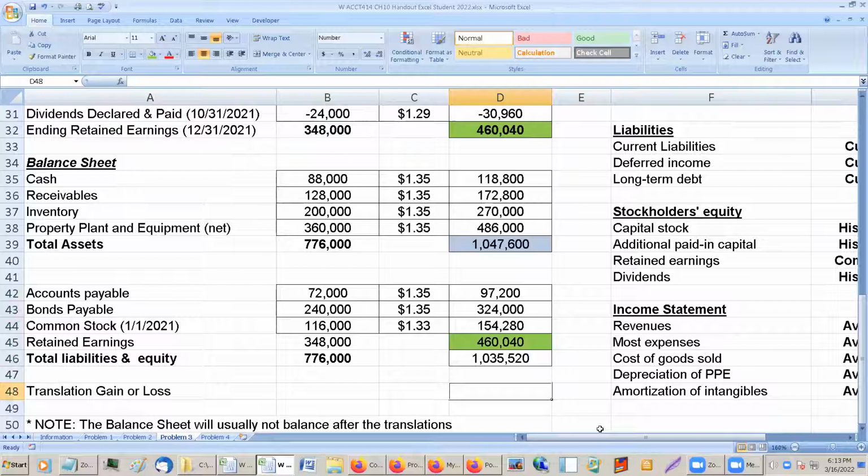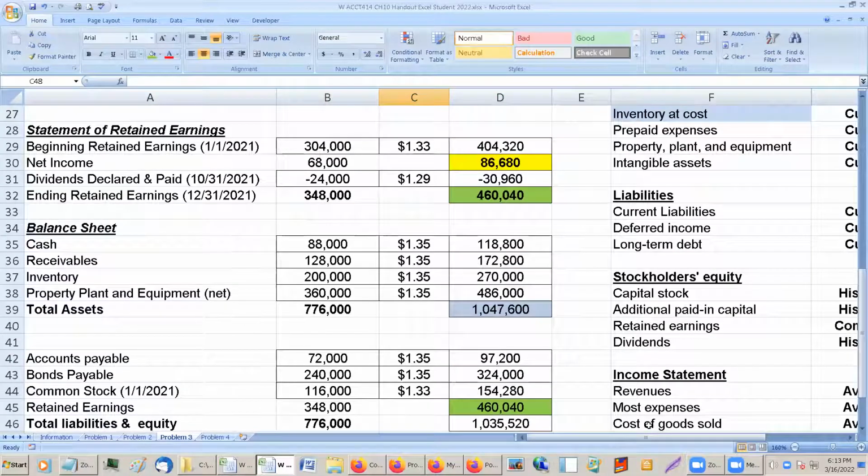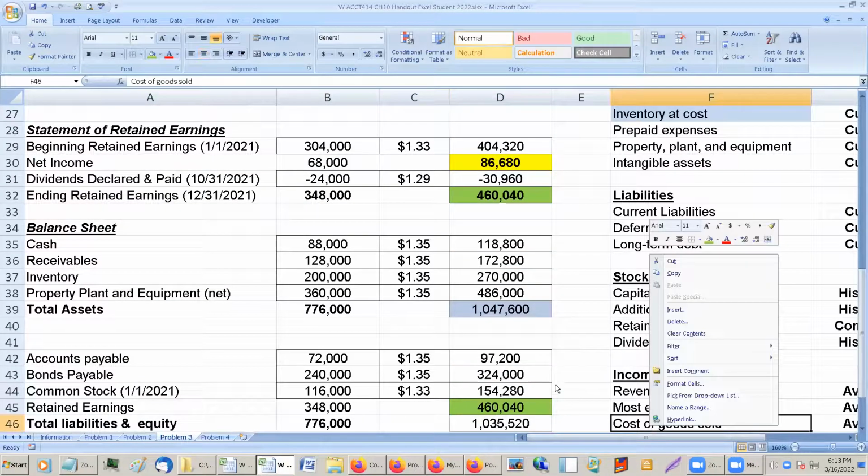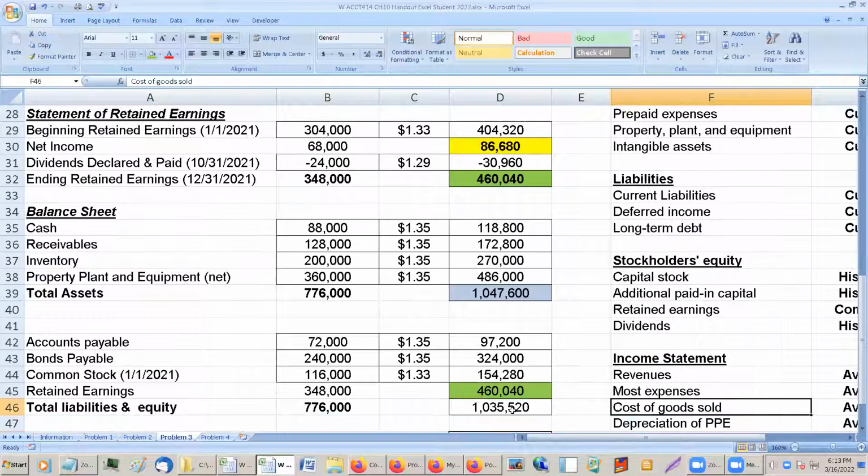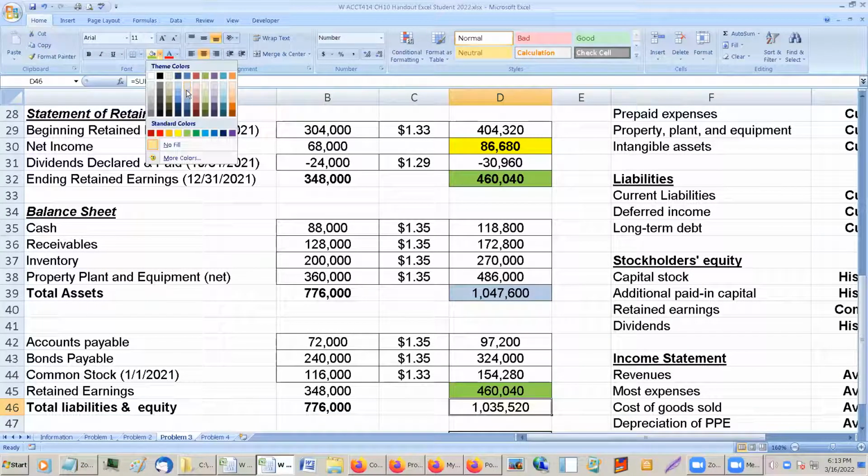Okay, so translation gain or loss would be that minus that. Nope, that. 12,080, and would that be a gain or loss? That's a gain?